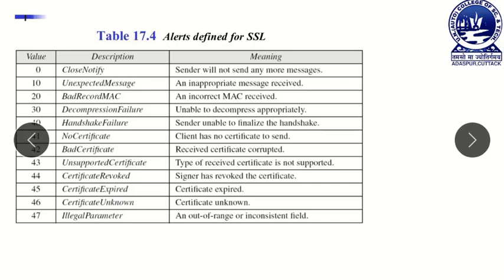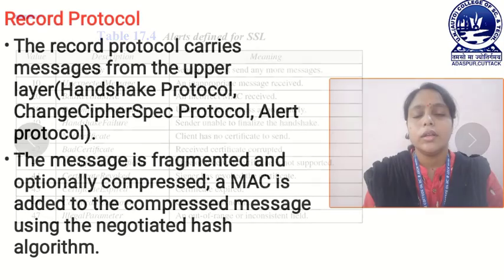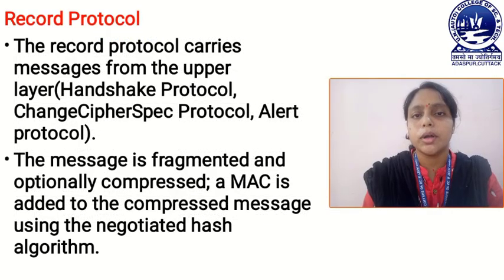The next, 47, is the illegal parameter, which means an out of range or inconsistent field. These are all the alert message values displayed by the alert protocol during the transmission of packets in your network. Next one is the record protocol.